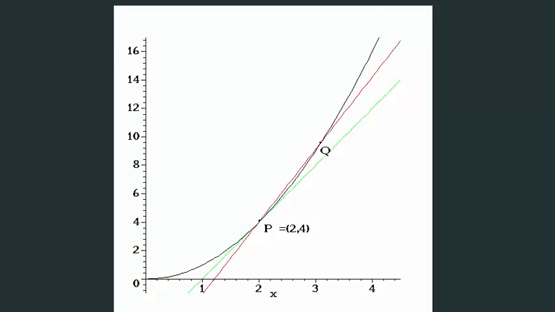Okay, so this is an animation of what we mean as far as turning secant lines into tangent lines. So notice you've got that fixed point, P, which is at (2, 4). And notice that I'm taking this point Q, and I'm moving it closer and closer to P. Now, what I like about this animation is it's dynamic.